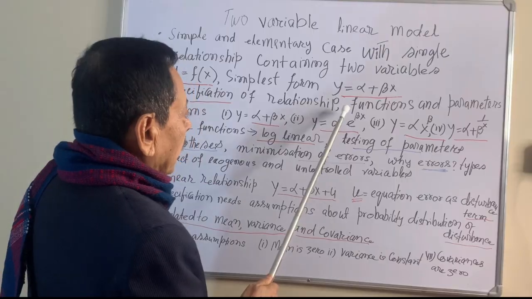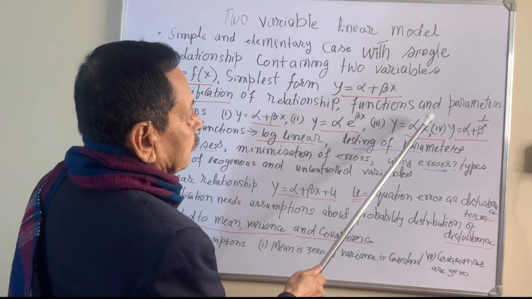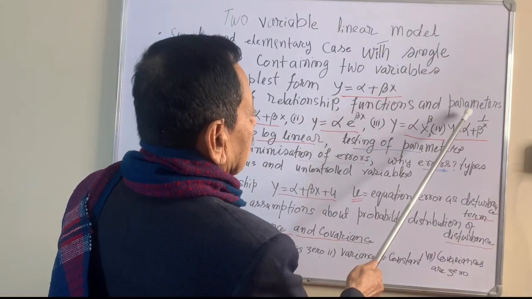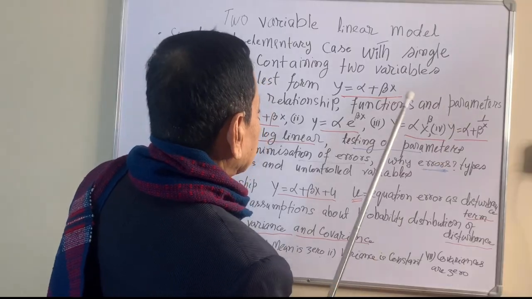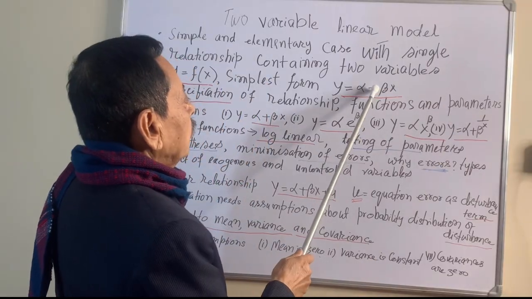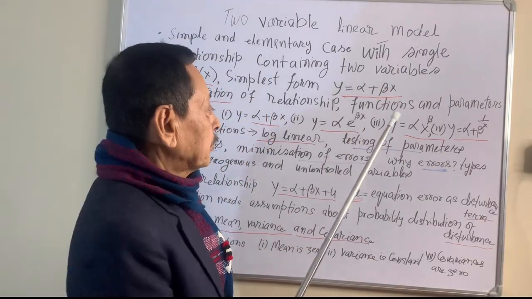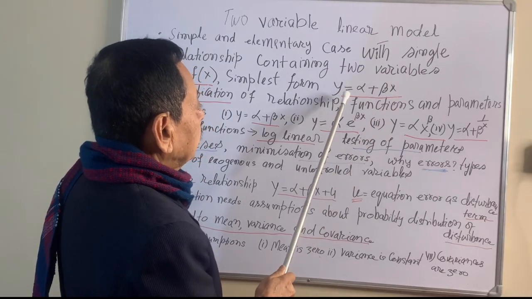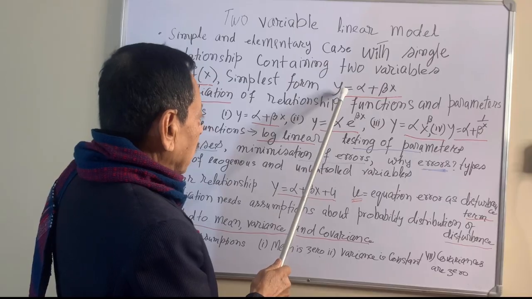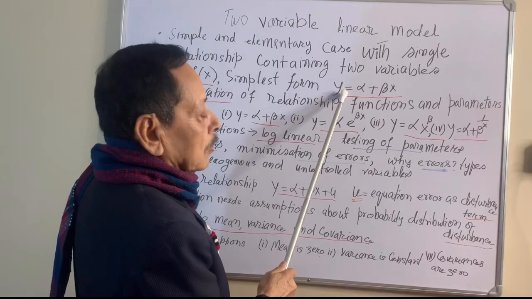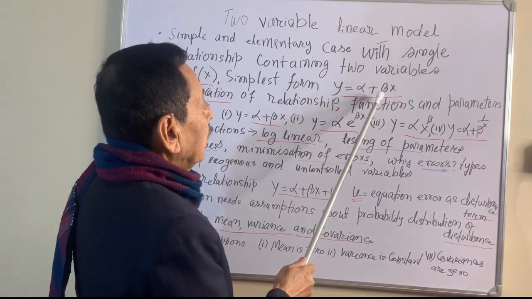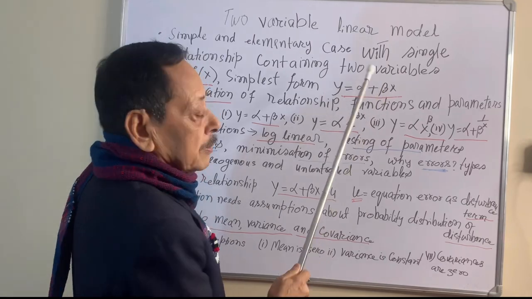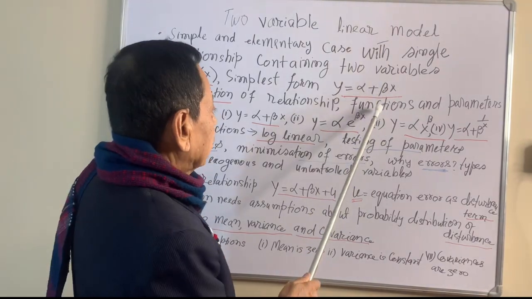And the functions of the parameters will be different in different forms. So this is the rate of change, and when it is a power form or exponential, then the interpretation of beta will be different.